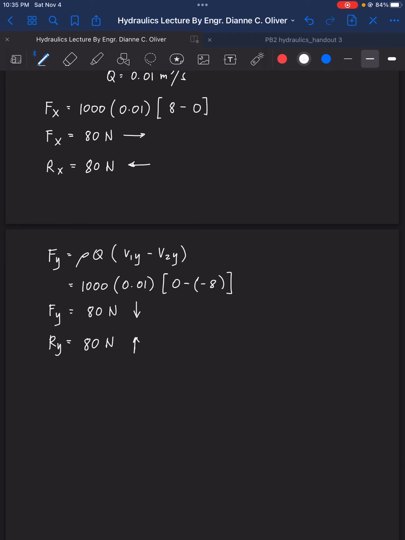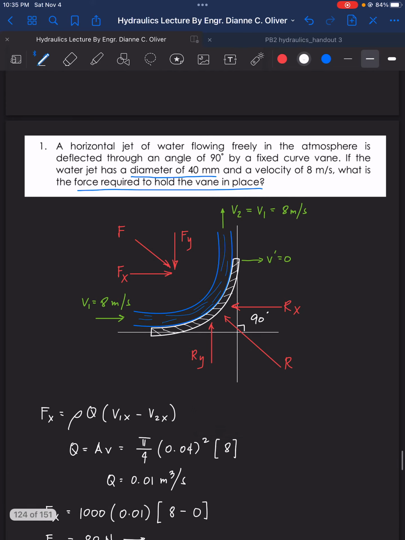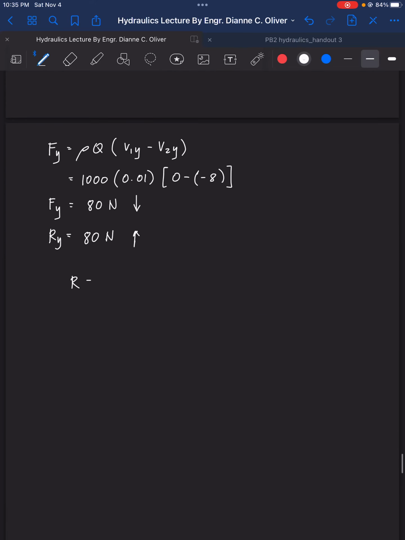Therefore, we can now find the value for R. So, what is the force? We're looking for the resultant of the resisting force here, this R. So, Rx is 80 squared plus Ry is 80 squared.